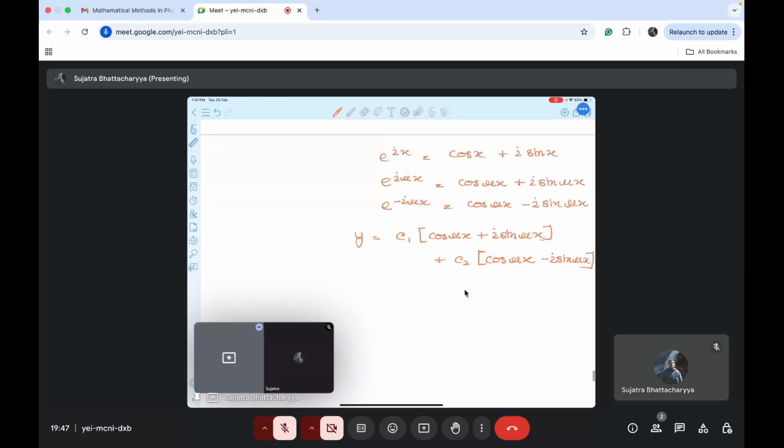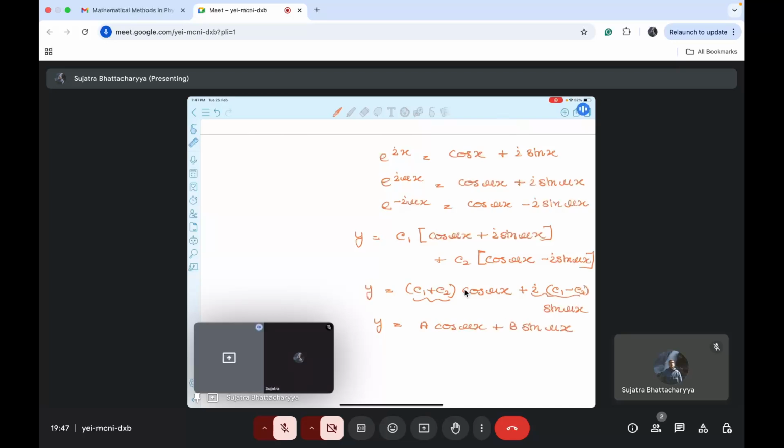Done. So if you do this, you can clearly see that C1 plus C2 times cos mu x, and minus iota or plus iota you can write C1 minus C2 times sin mu x. I can take this as some A cos mu x and I can take this as some B sin mu x.